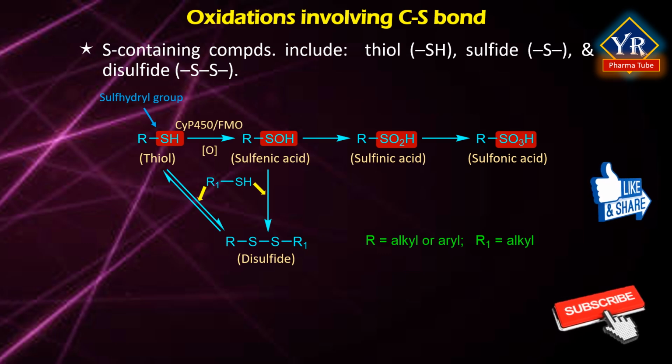In vitro, this usually leads to disulfides of the drug. However, in vivo the concentration of biological thiols such as proteins or glutathione is higher than the drug, and therefore the major product is a mixed disulfide between the drug and biological molecules, as shown in the figure.